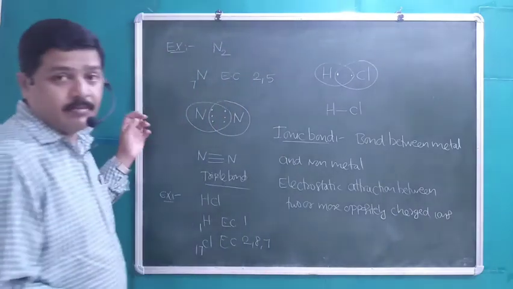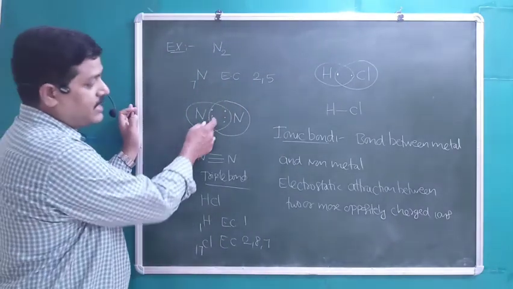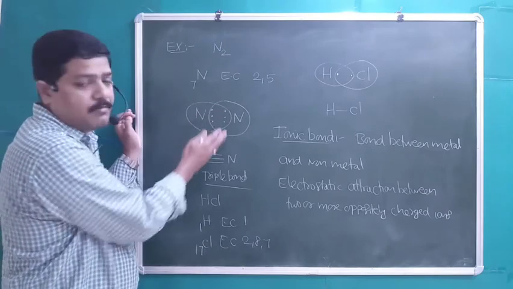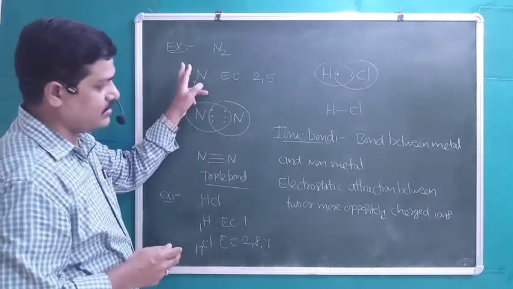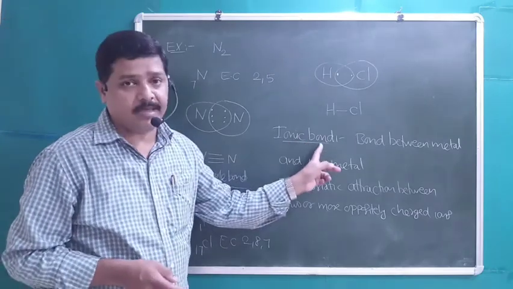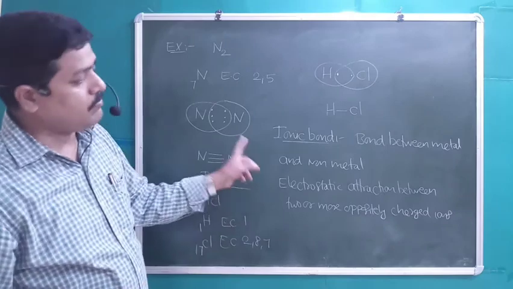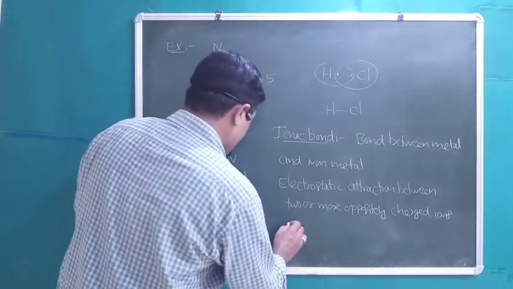Students, in the covalent bond, the electron pairs lie in between two atoms, equally shared between the two atoms. But in the case of ionic bond, the complete transfer of electron takes place from the metal to the non-metal.